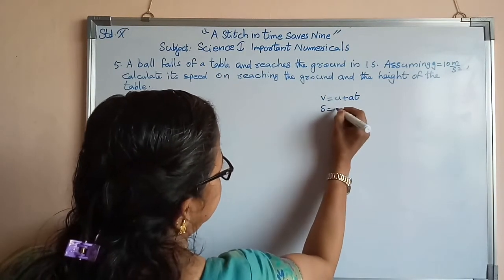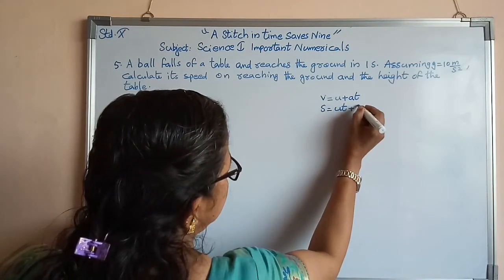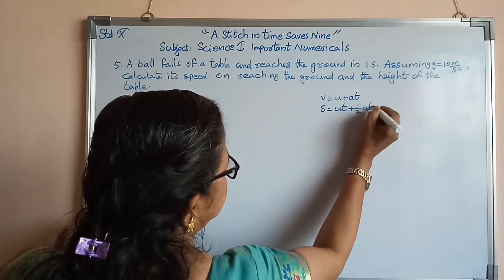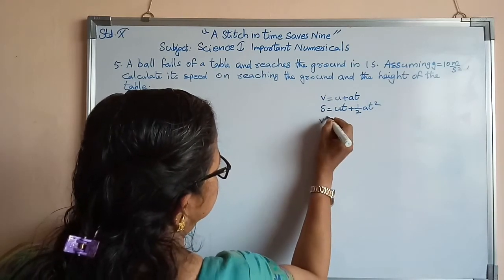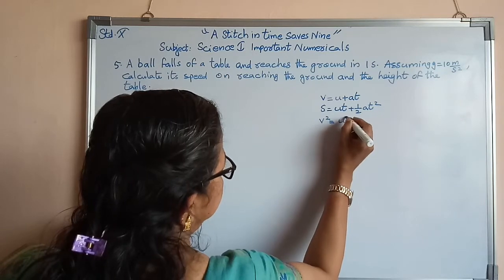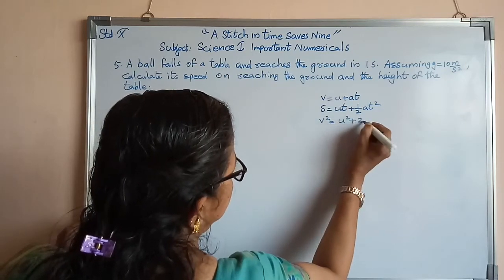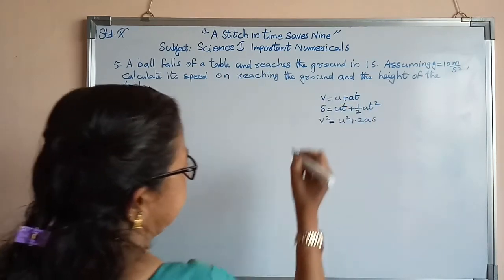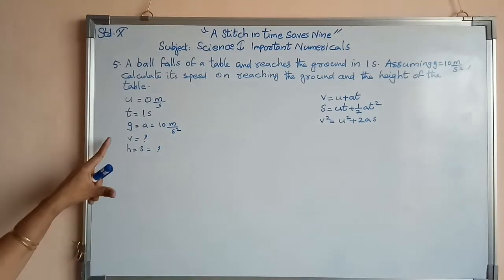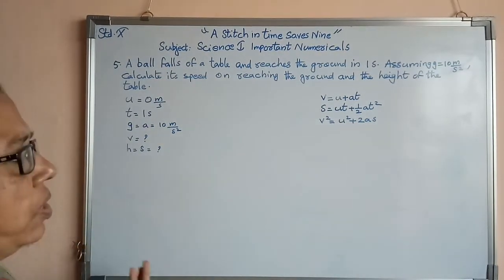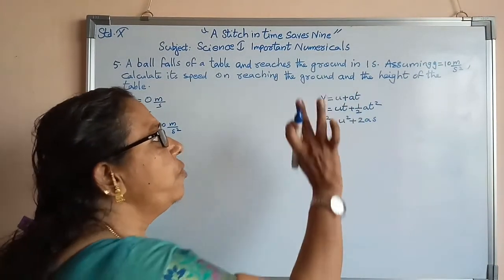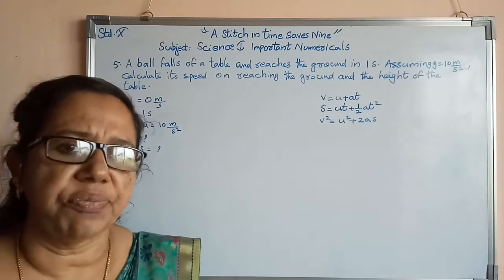Second one, s is equal to ut plus half at square. Third one, v square is equal to u square plus 2as. Now one more thing, if two values are not there in a formula, we cannot use that formula.